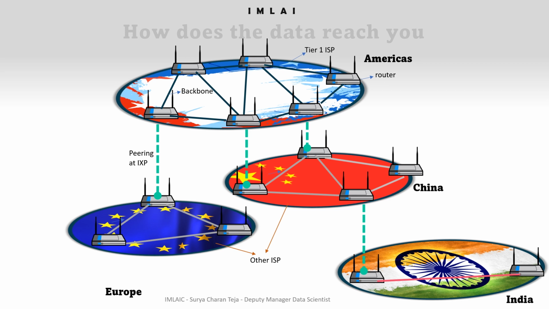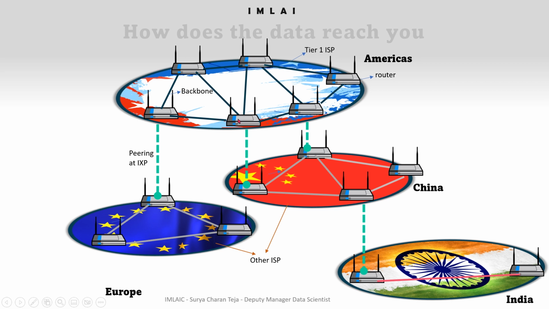ISP networks may be regional, national, or international in scope. We have already seen that their architecture is made up of long distance transmission lines that interconnect routers at POPs in different cities that the ISPs serve.